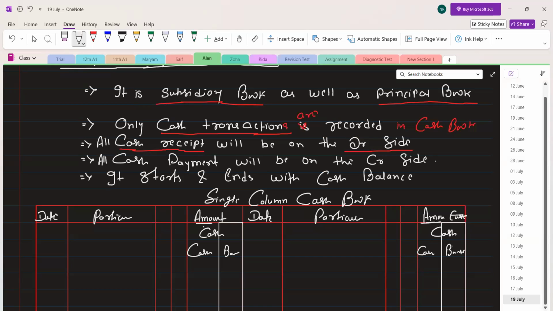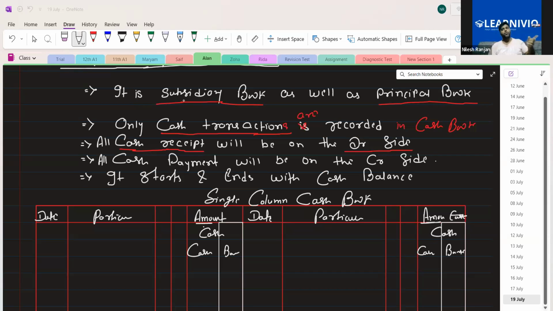And when we increase the amount columns to two, cash and then bank, two columns on the debit side and two on the credit side, then it is called a double column cash book. So in a single column cash book, there are no two columns in debit and credit. Tell me if you have any doubt.